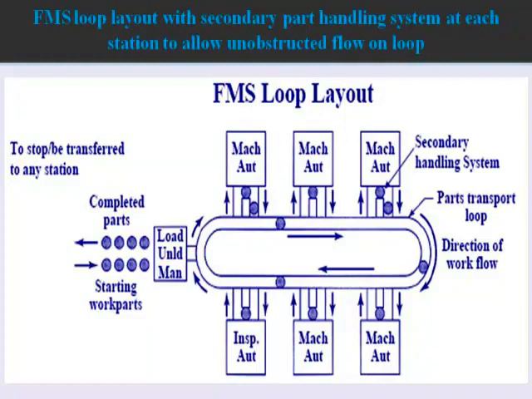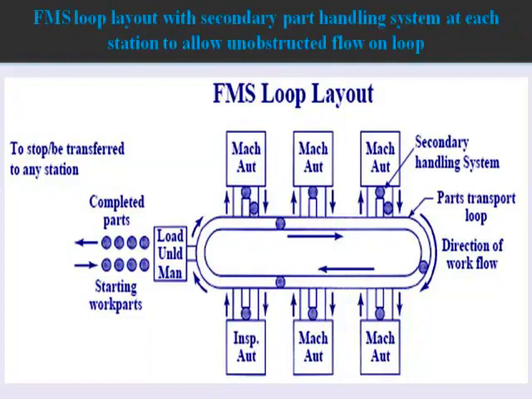Then the part has to revisit the same machine. This is called recirculation of parts, and the system should be capable of allowing it. This can be done in this kind of loop layout, a rectangular layout with recirculation of pallets, and the pallet can move for the 20th operation to the same machine. This is another kind of layout which is used for recirculation.